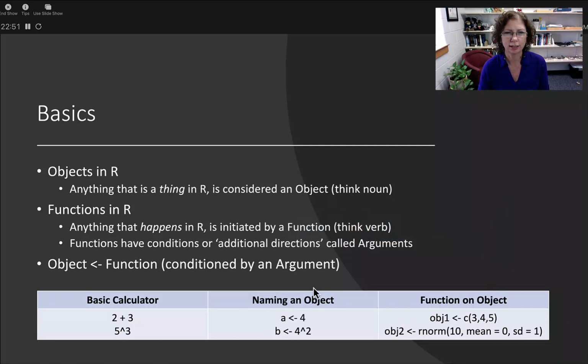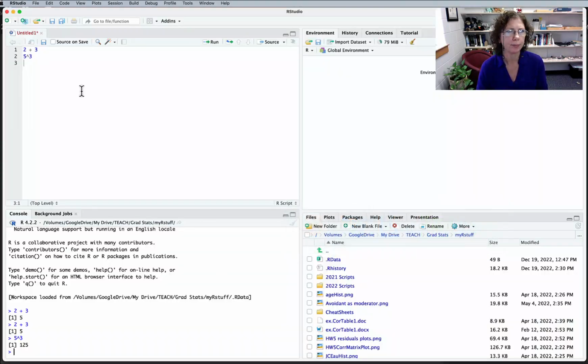And moving on, now we're going to actually name an object. So I'm going to put A assigned by 4. So A, the assigned by is like the less than and a dash and then 4.